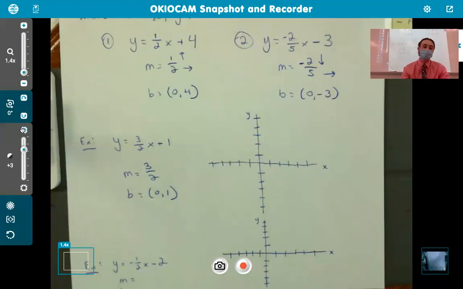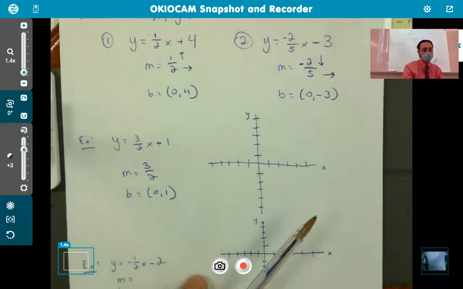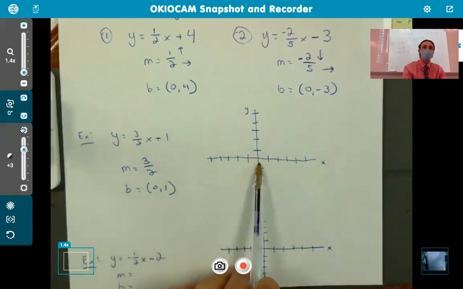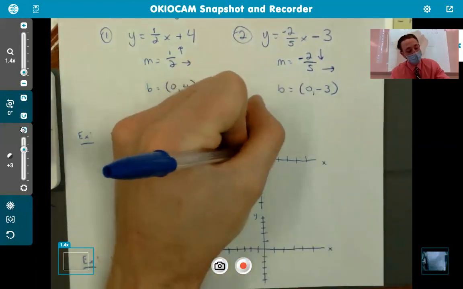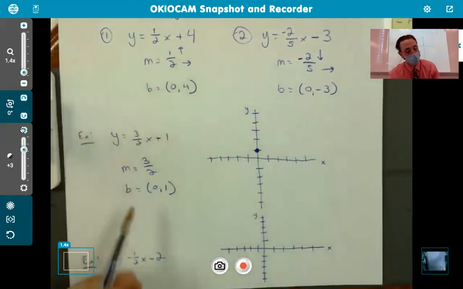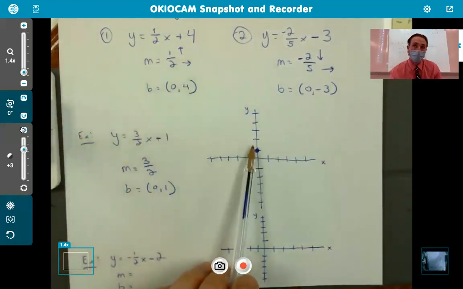All right, let's get back to these last 2 examples here and then we'll be good. So where's the point 0, 1? Do I move to the left or to the right at all? Just up 1, right? Your y-intercept should always be along this line. You're never going to move to the left or to the right. Yesterday, we would do a whole number.